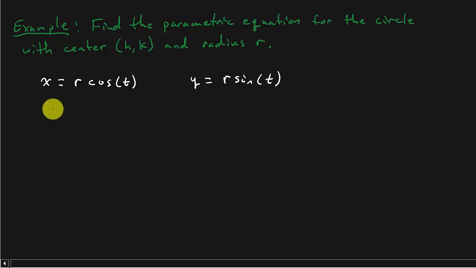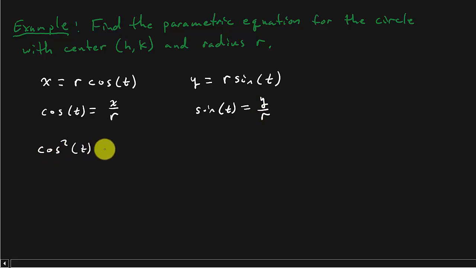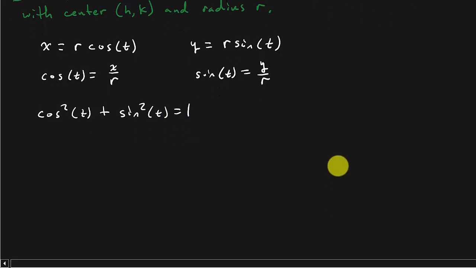If I solve this for cosine, cosine t is x over r, and sine t is y over r. I know cosine squared t plus sine squared t is equal to 1, right? That's what we did in the problems before.